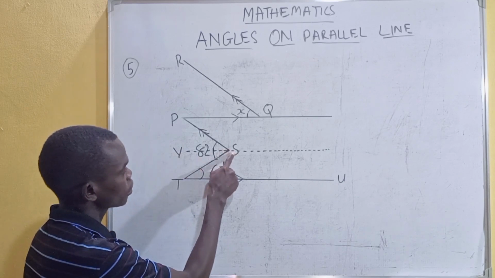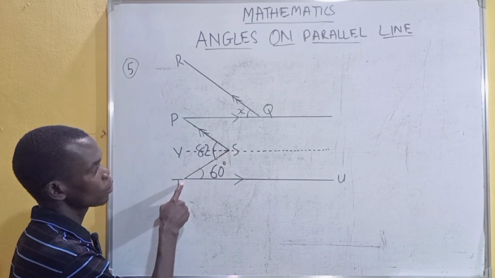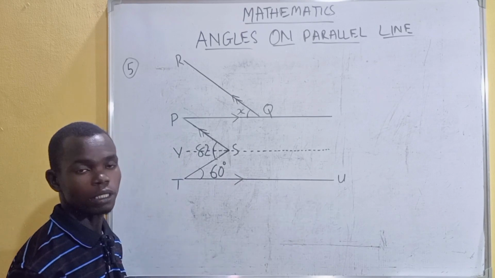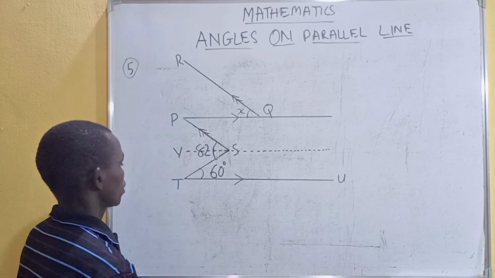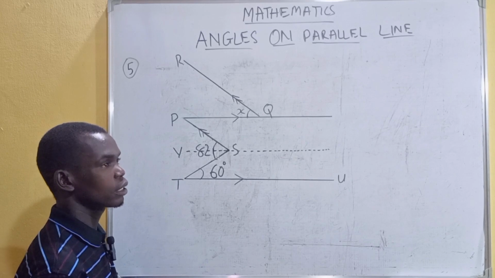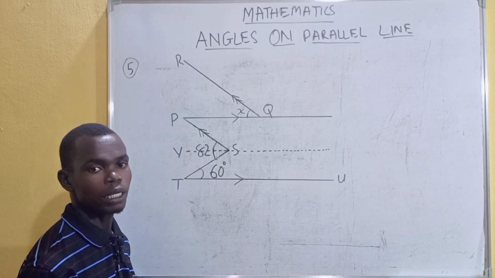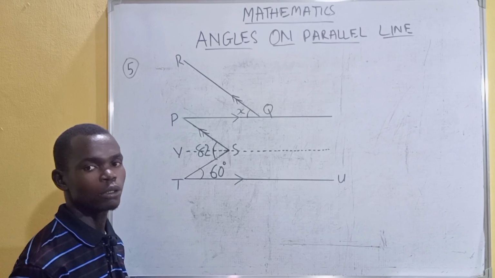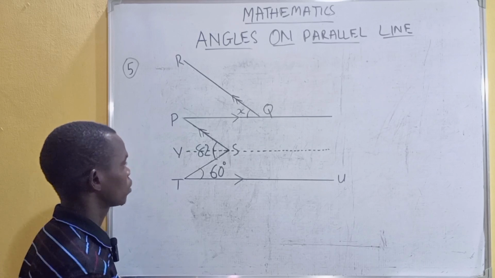VST is equal to STU. That is alternate angle. Because we said that alternate angles are angles that are on the opposite sides of a transversal line within two parallel lines.